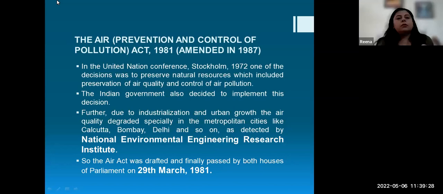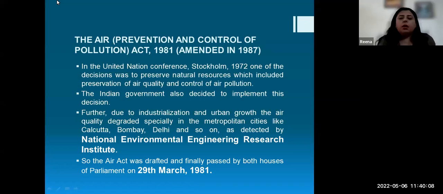After the United Nations Conference of 1972, it was done, and it was due to industrialization and rapid growth, the air quality degraded, and there was a report by an Environmental Research Institute, which primarily provided all the data and all the statistics to the state level as well as the central level bodies regarding the degrading air quality in cities like Calcutta, Bombay, Delhi. So the act was drafted and finally passed by both the houses on 29th March 1981.